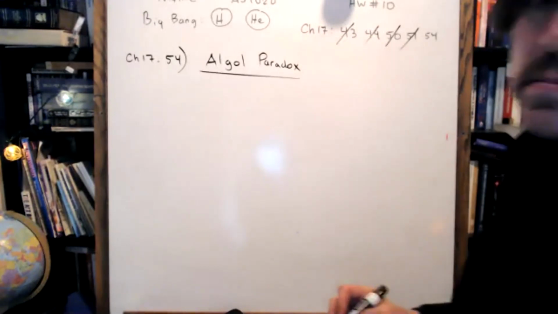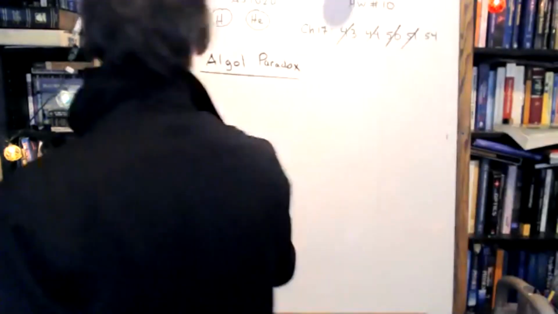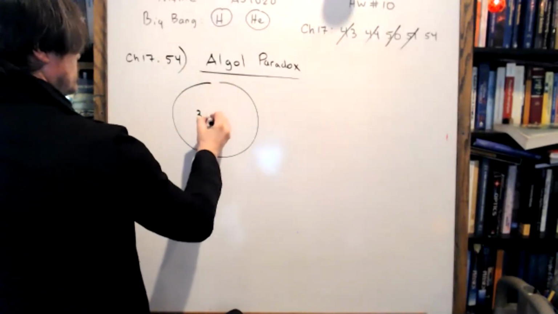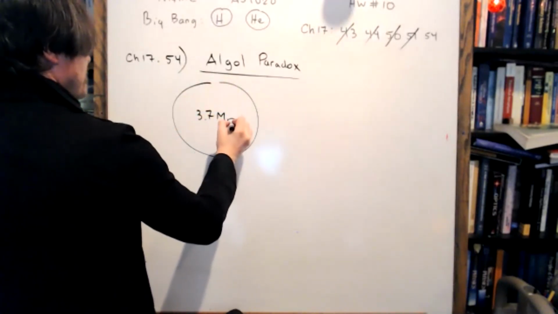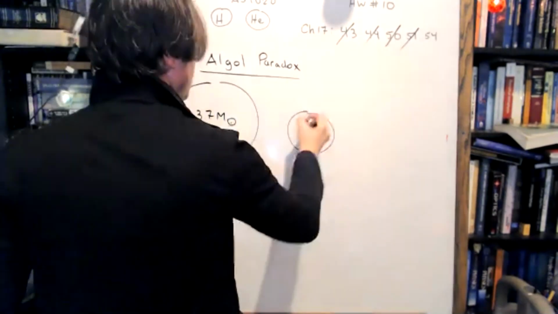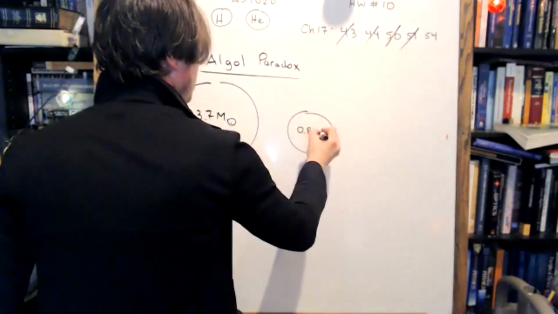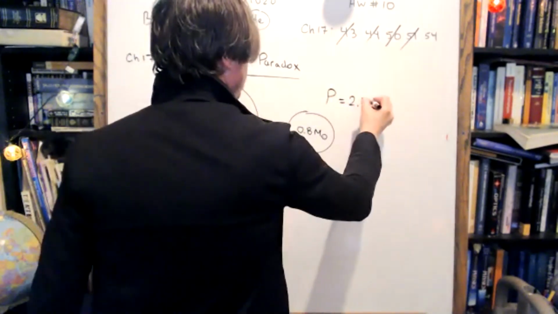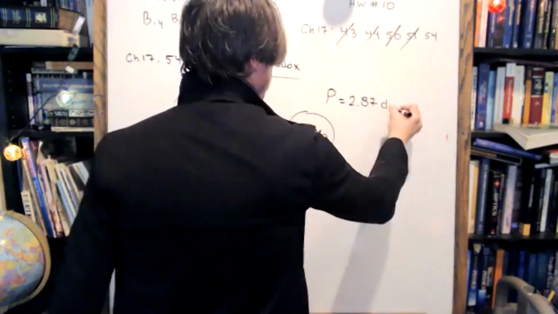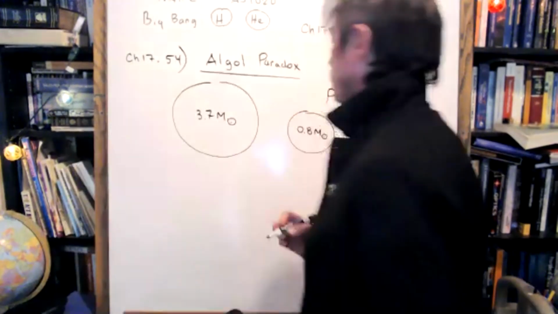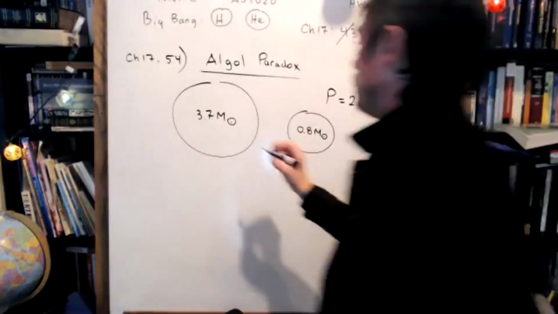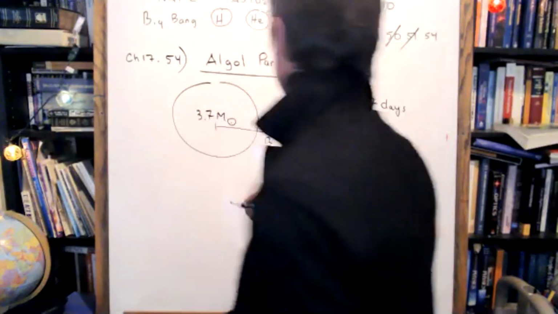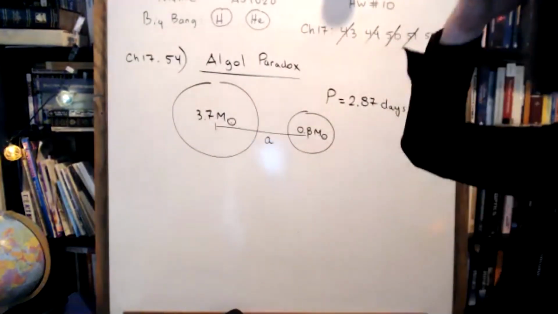The Algol binary system consists of a 3.7 solar mass star and a 0.8 measly solar mass star with an orbital period of 2.87 days. Use Newton's version of Kepler's third law to calculate the orbital separation of the system. How does that separation compare with the typical size of a red giant star? Okay.